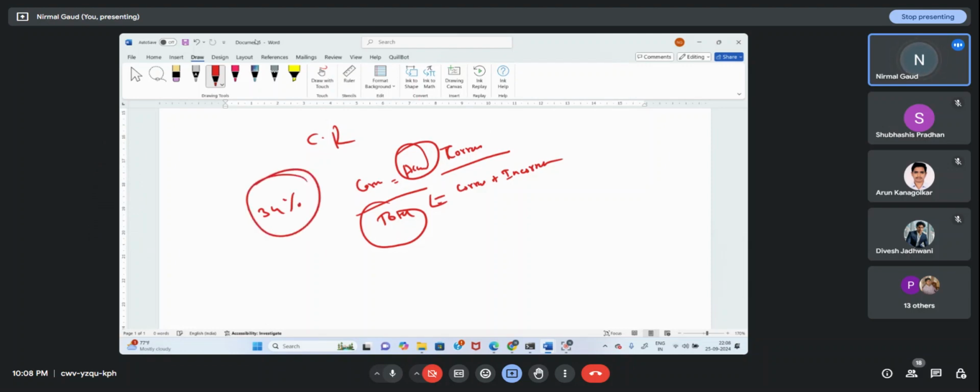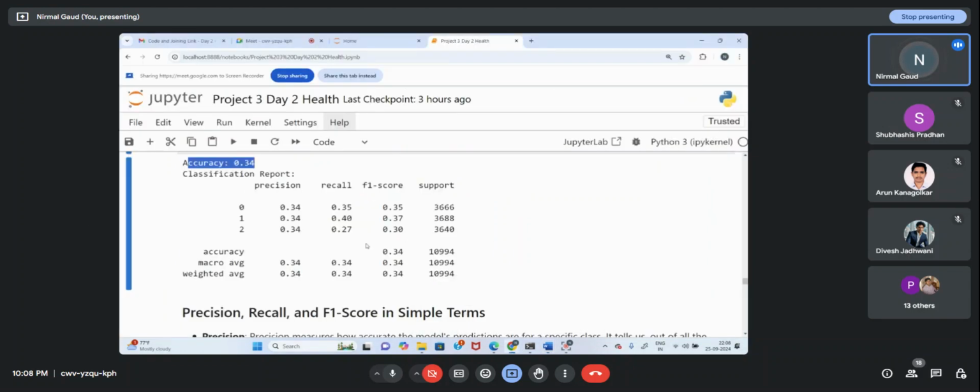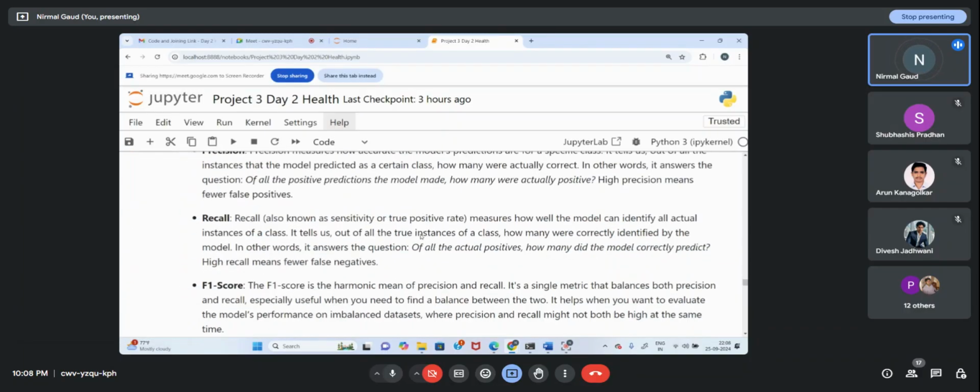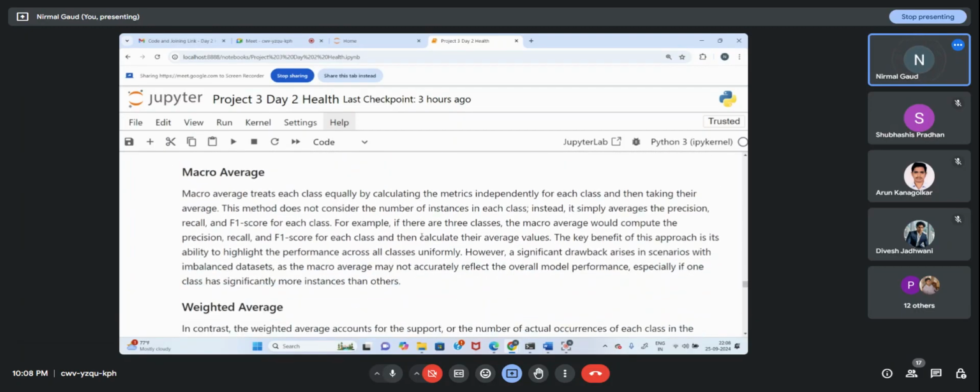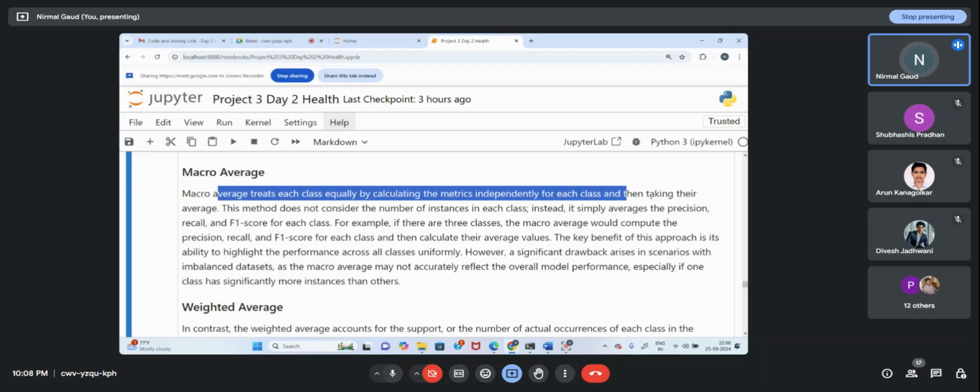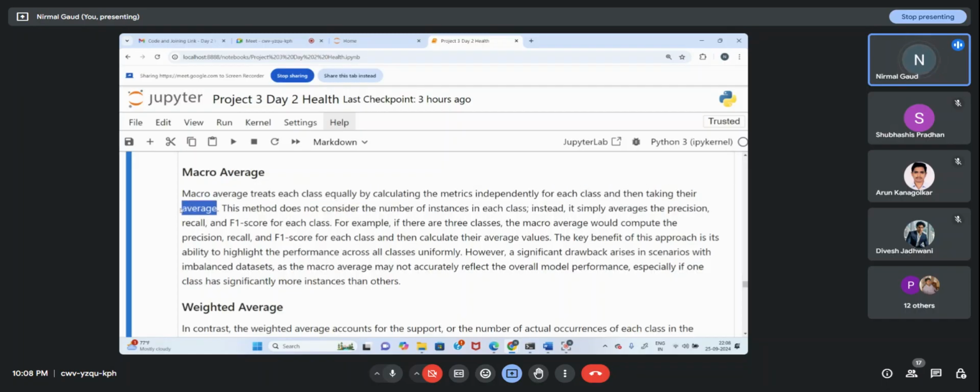My question is now, in this classification report, I'm going to talk about what macro average and weighted average are. A macro average treats each class equally by calculating the metric independently for each class and taking their average, because the name itself is average. For example, if there are three classes, the macro average would compute the precision, recall and F1 score for each class and compute their average.